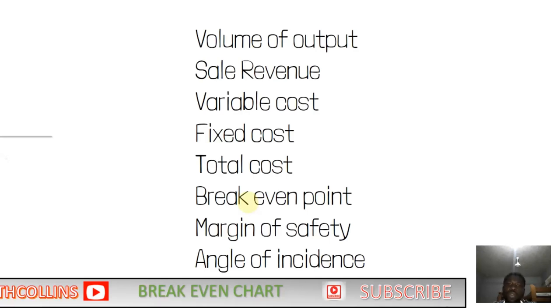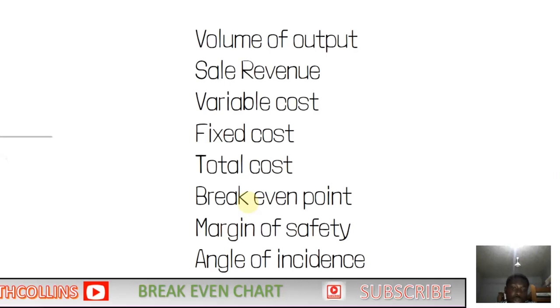If I want to produce 20 or 200, I would have to buy more. So the sachet rubber becomes the variable cost, because it is changing as my production output is changing. But a fixed cost remains the same regardless of my production. So that is fixed cost and variable cost.